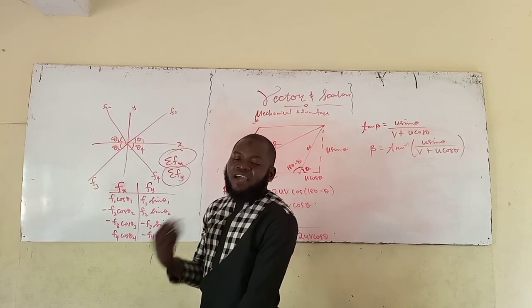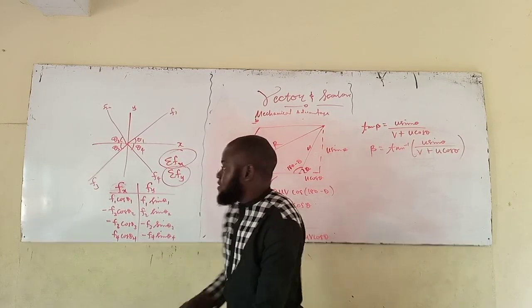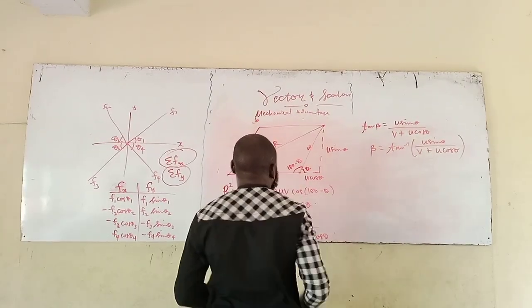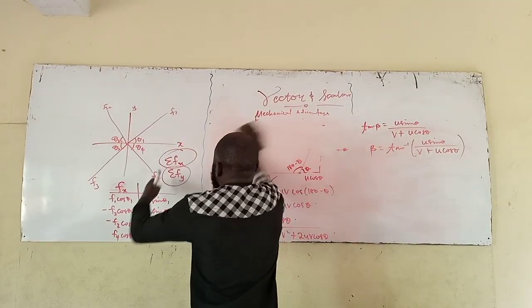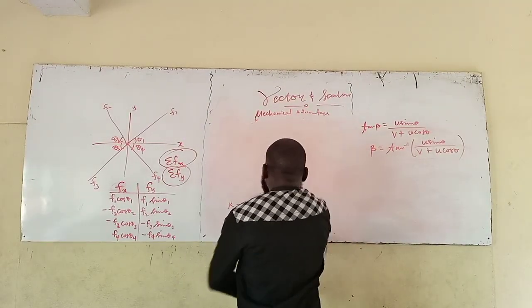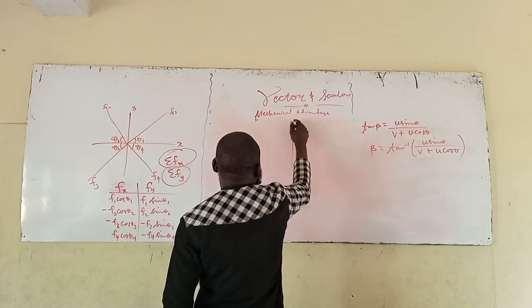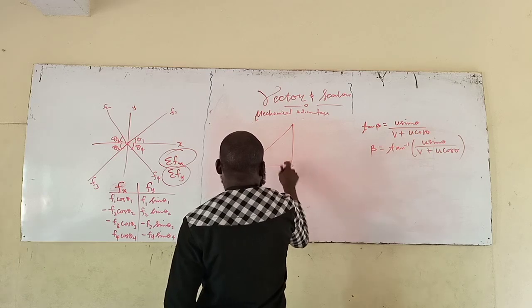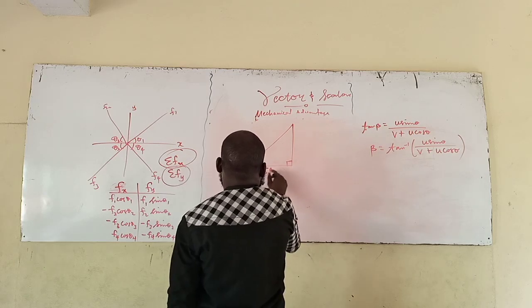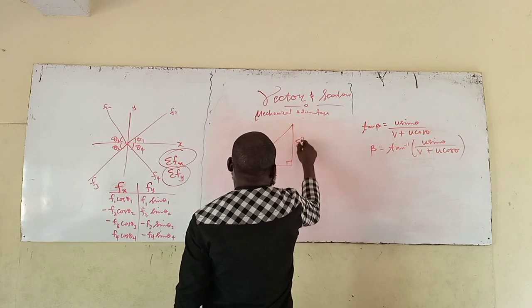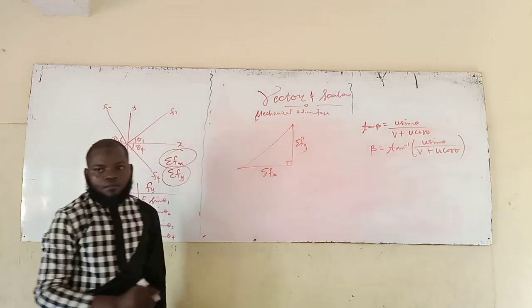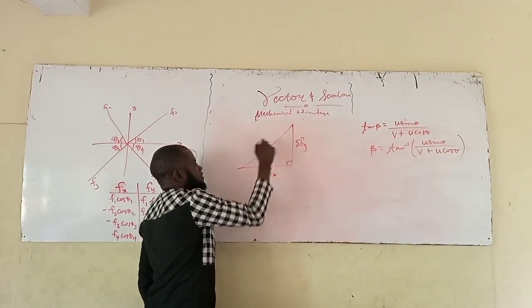So what if they now say find the resultant of the whole forces? All you just need to do is to represent these two with the adjacent sides of a triangle. That is, I'm going to draw a triangle like this, and I will have this to be my horizontal component, and this will be my vertical component. So here will be my what?